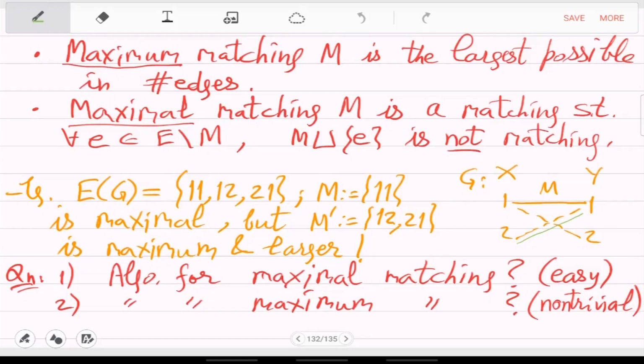The way is you basically find a path in this graph like this. So you find this path 2 to 1, 1 to 1 and 1 to 2, which has the property that the bold edges and the dotted edges, they alternate.